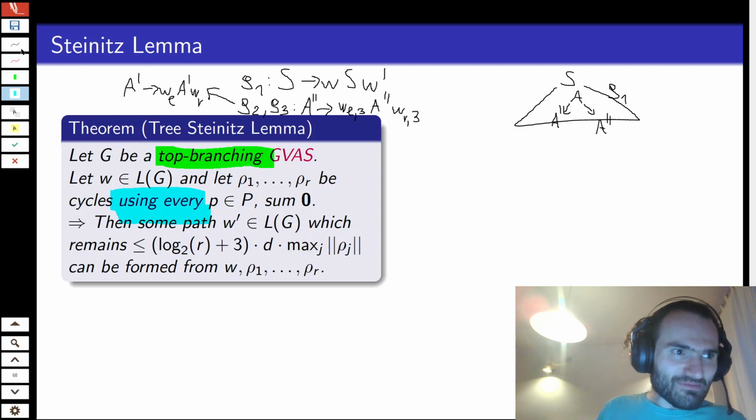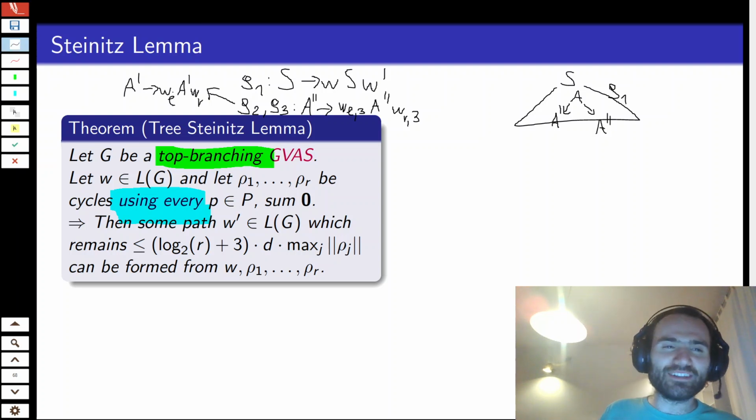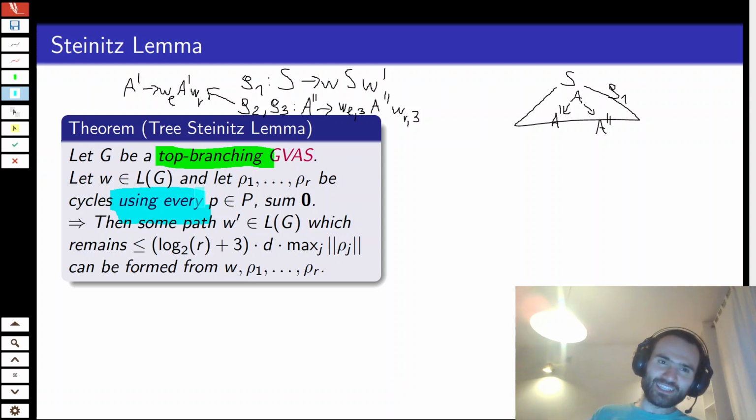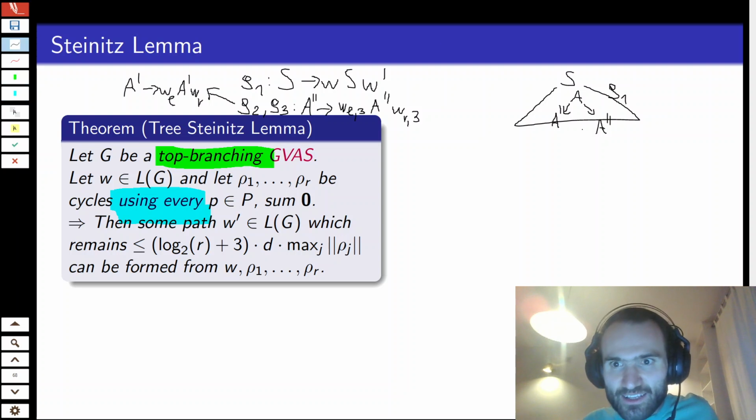Okay. Well, the point is we rotate the cycles such that they are used at these non-terminals. We can do this because they use every non-terminal. They use every production, and so in particular they use some production of the top non-terminals. Okay, so now we're going to do row 2 and row 3 here.